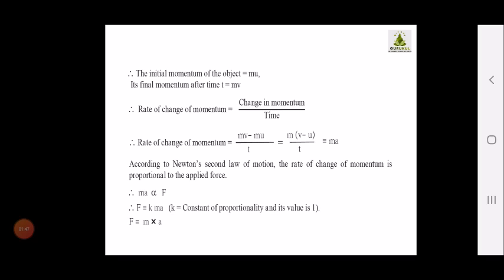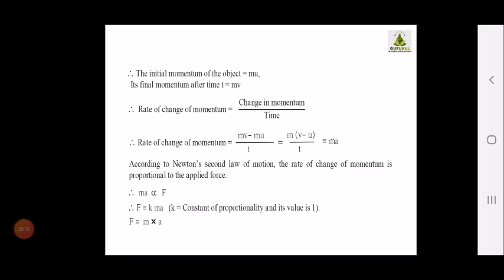Since the mass is the same and the time is the same, we do mv minus mu upon t. So the rate of change of momentum is equal to (mv minus mu) upon t.